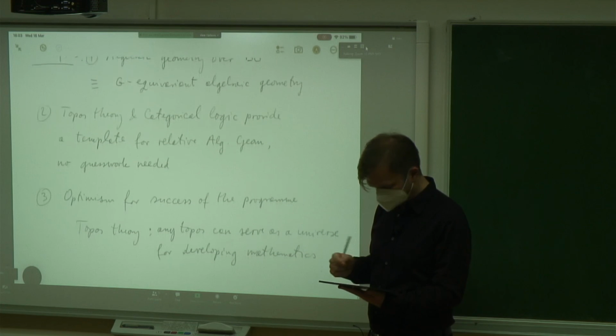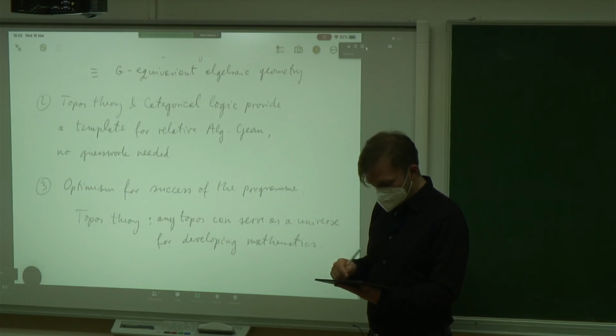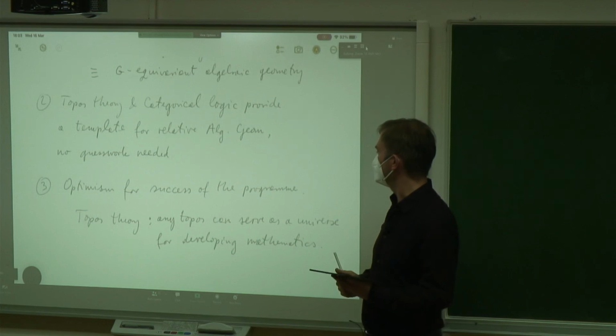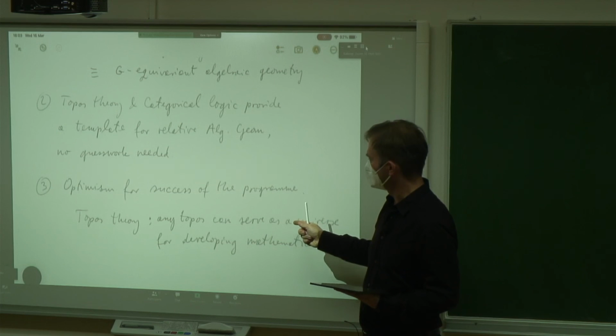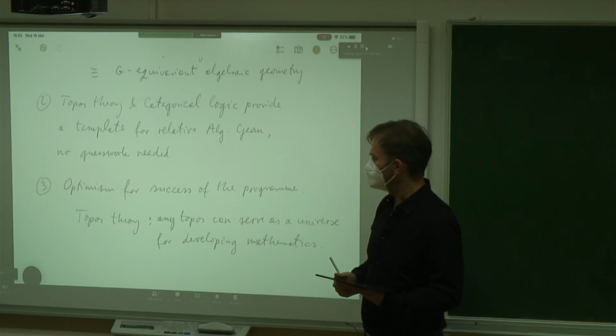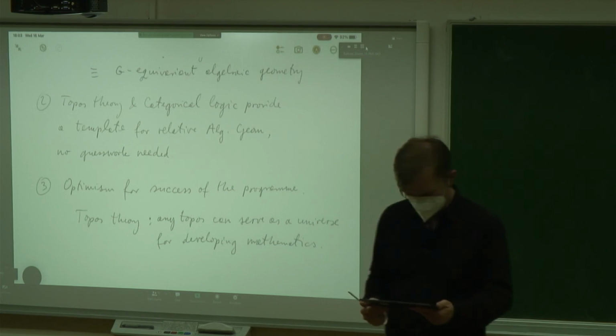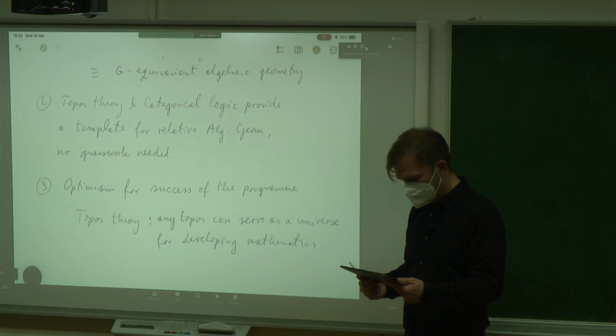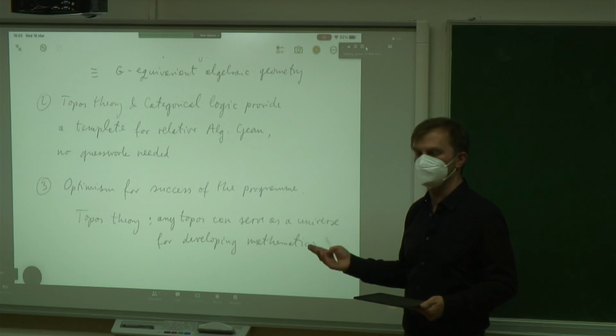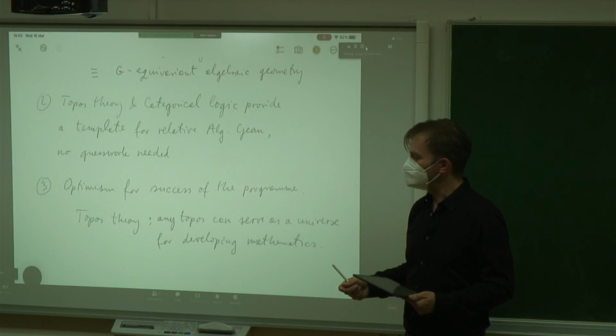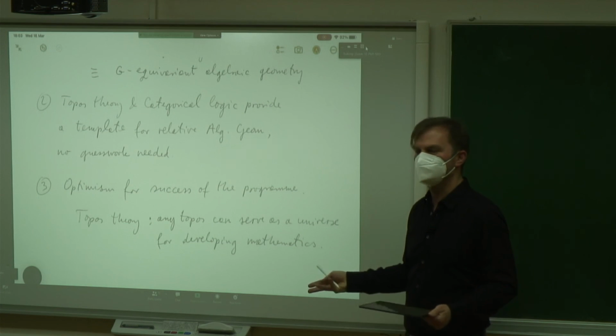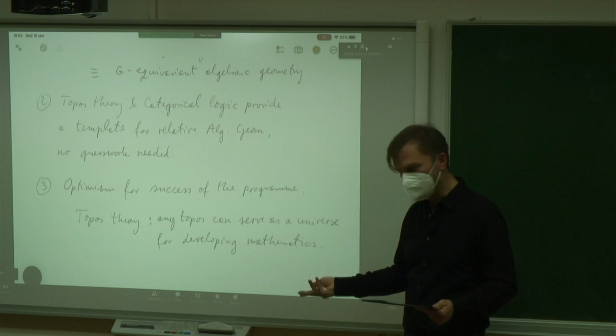So why are we optimistic for the success of this program? Because of the old principle of topos theory, which says that any topos can serve as a universe for developing mathematics. So it should be possible to do this.